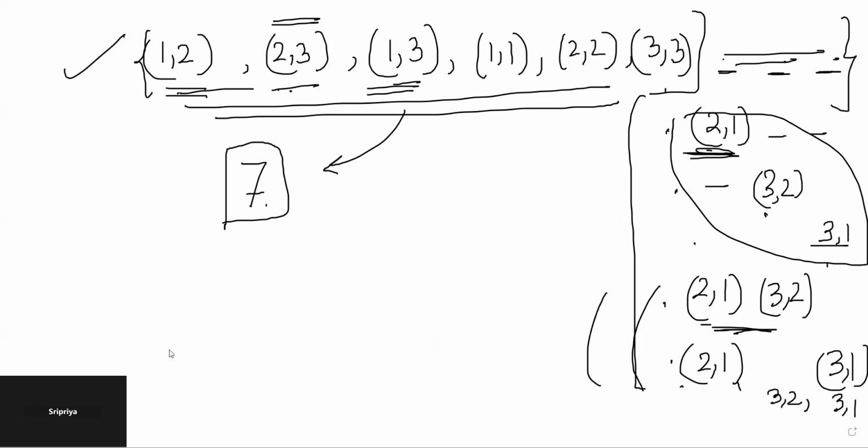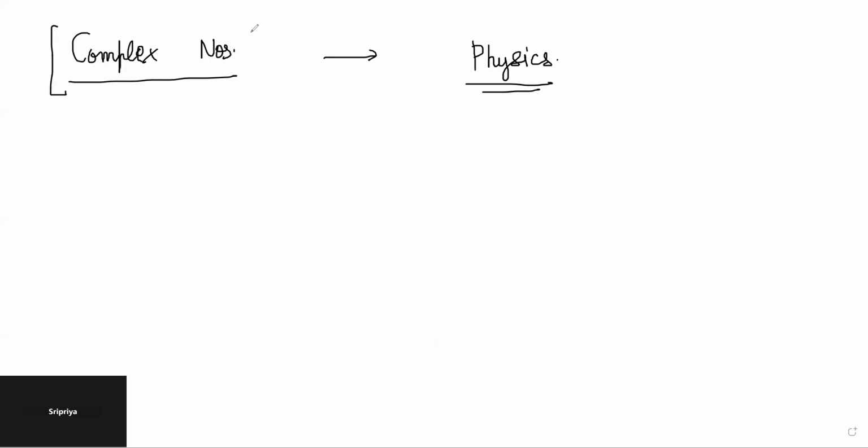Go back to your definitions, find the definitions, and then try the problems. In the next class, we'll be doing a deep dive into complex numbers and one physics chapter, whichever chapter you prefer out of the list of chapters.